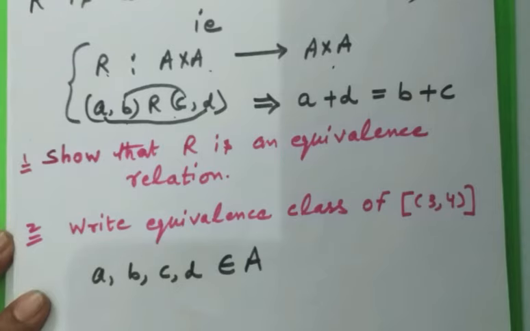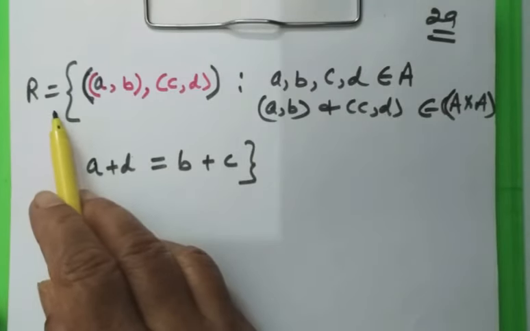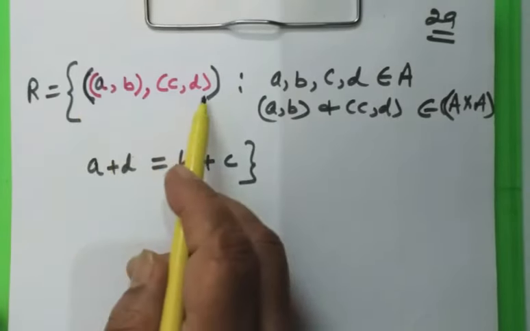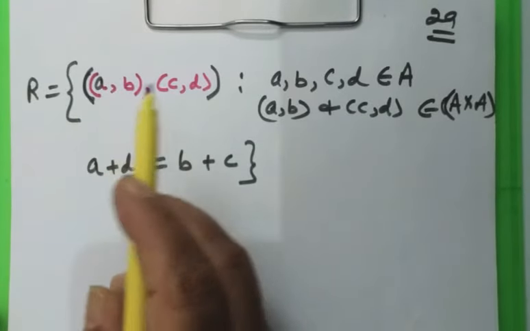Now, again I want to make clear that previously we have studied that R is a subset of A cross A, but now here R will be a subset of A cross A cross A cross A, that means a 4-tuple. So, the elements of R will not be ordered pairs, the elements of R will be ordered pairs of ordered pairs. When we have 2 elements, this is called a 2-tuple.